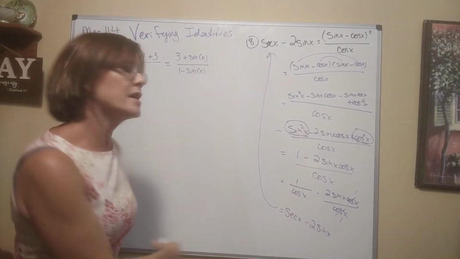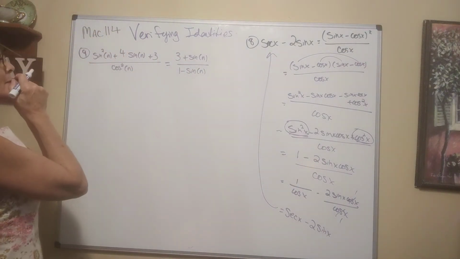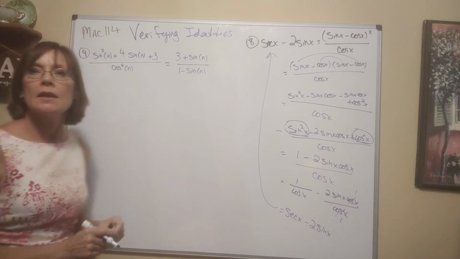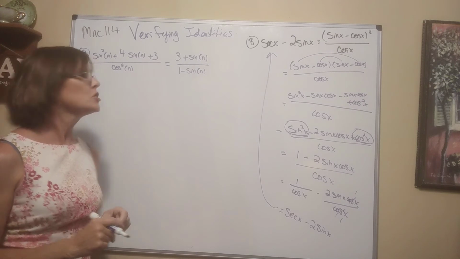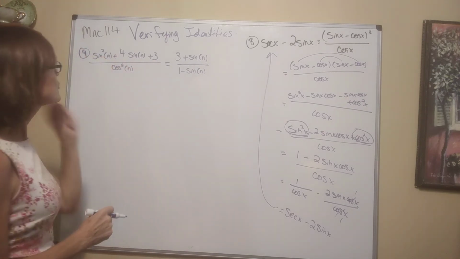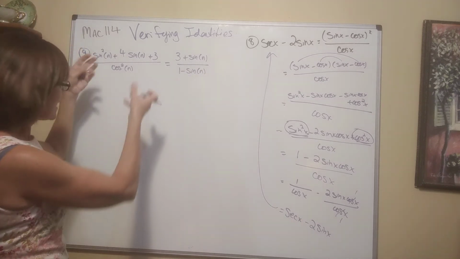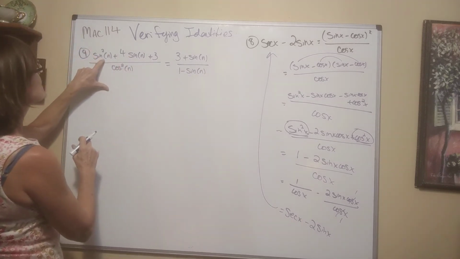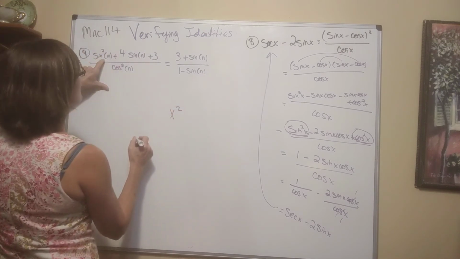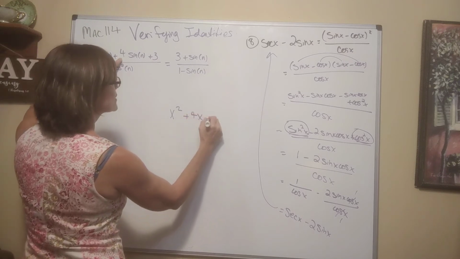Okay, last one. Hang in there. When I look at this one, what I'm going to do is work on this side right here because it looks more complicated and I see something I want to try to do. I want to factor this. So if factoring in trig is really whacking you out, what we can do is take out the trig. This is sine squared of n. I'm going to think of that as x squared plus 4 sine of n. I'm going to think of that as 4x plus 3.